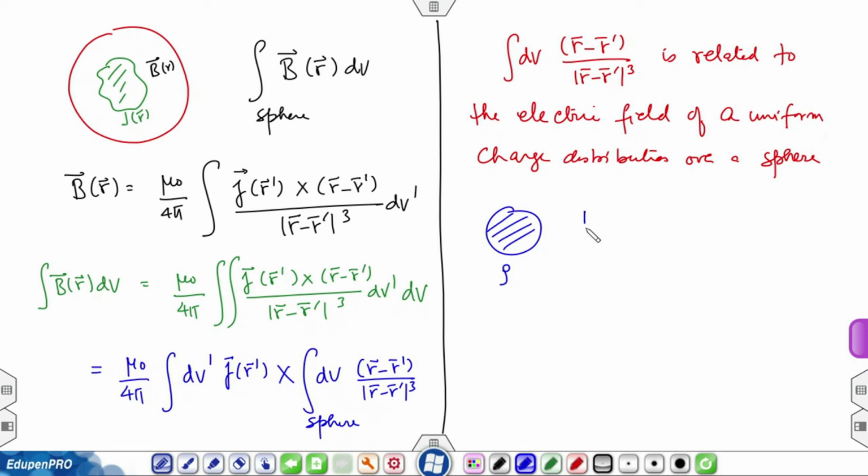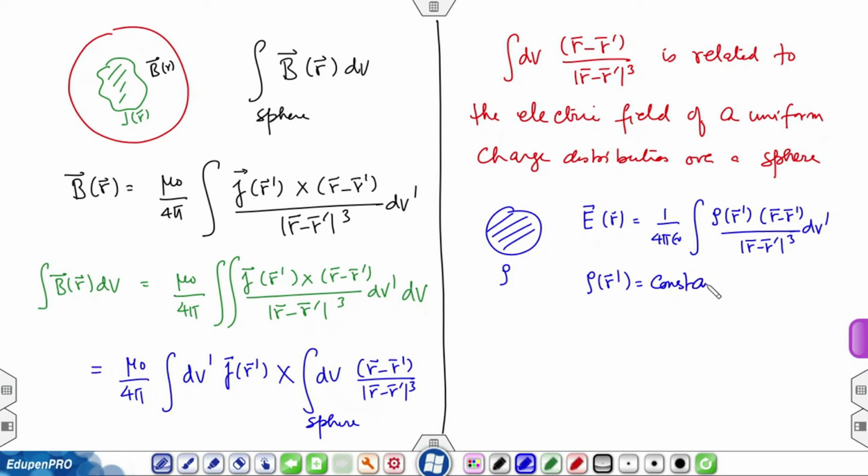then the electric field at any point will be given as 1 over 4 pi epsilon 0 integration rho(r prime) (r minus r prime) over |r minus r prime| cubed dV prime. And we are saying that this is a uniform charge. So, rho(r prime) is a constant, and let us take this to be unity.